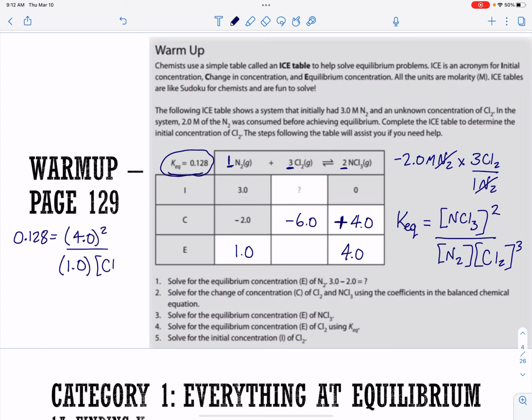And then that concentration of Cl2 is going to be what we're solving for. It's going to be Cl2 cubed. So we're going to rearrange this equation to solve for Cl2. We should be experts at rearranging by now, so I'm going to flip. I'm going to swap Cl2 with the 0.128.